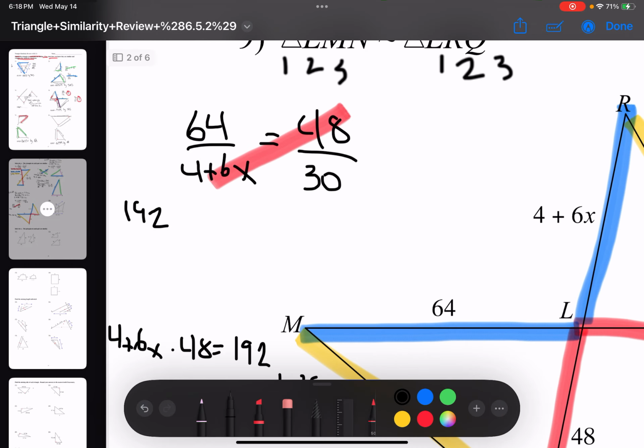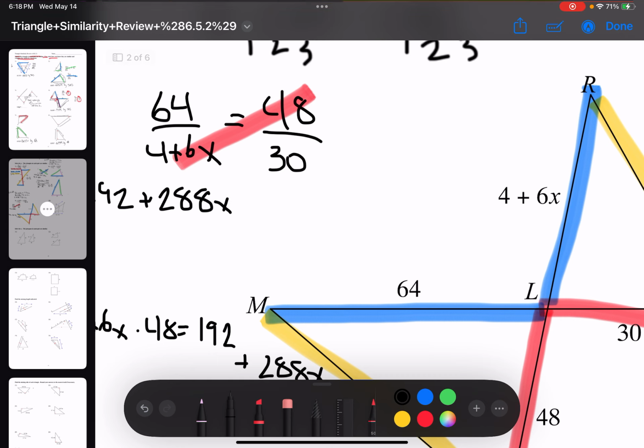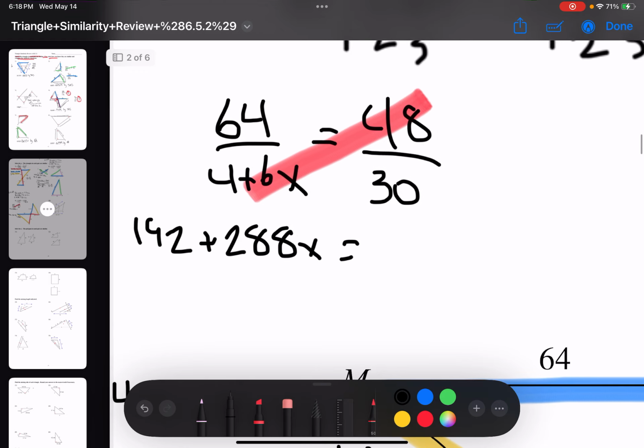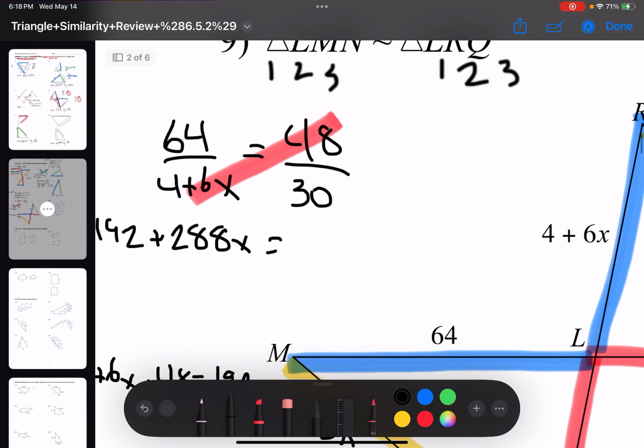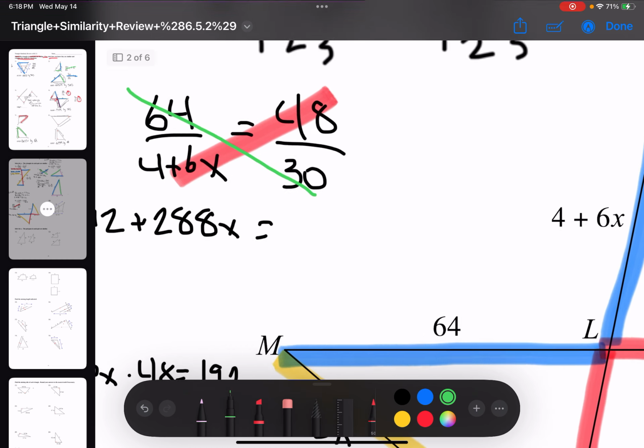Okay, boom. So plus 288x. I've done this equation so many times. This is like my 5th time doing it. Anyways, so that's our first line, and now that we finished our first line, that's why we put the equal. Okay, boom. Let's do our second line.